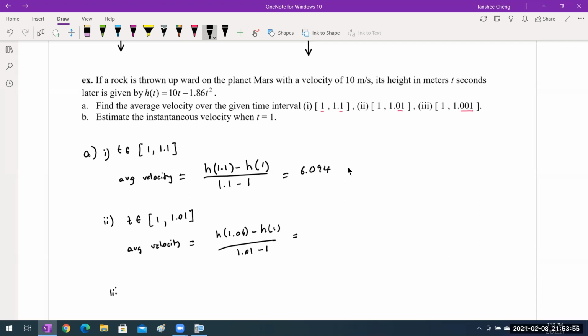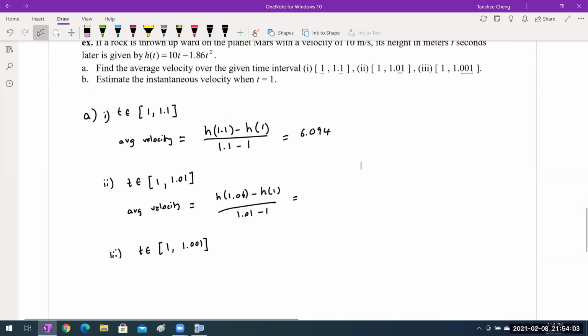The next one is the time interval of 1 to 1.001, and the average velocity in this case will be h of 1.001 minus h of 1, divided by 1.001 minus 1.